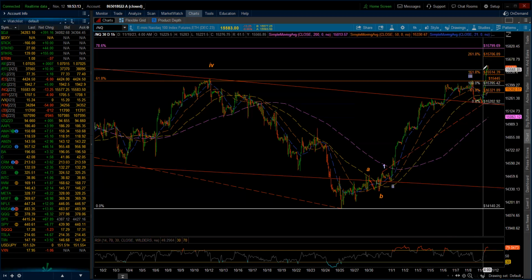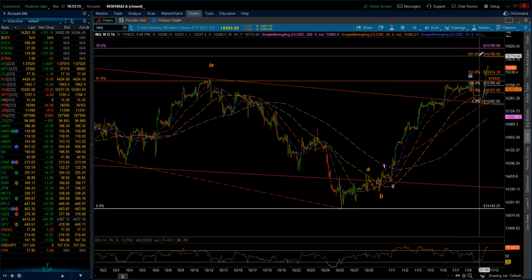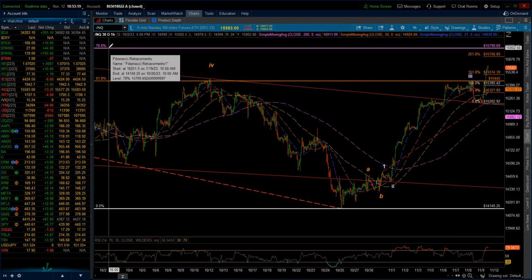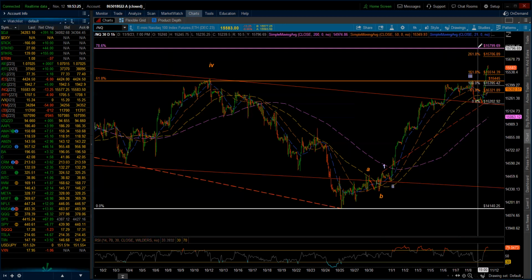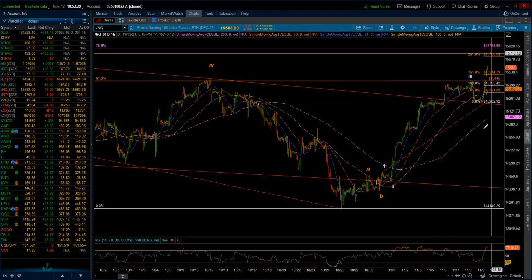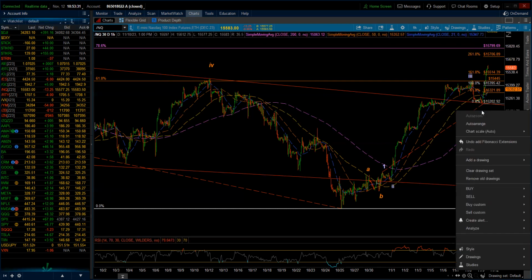So what's up next? 2.618, 15,706. And then we have 78.6 over here for the entire wave 2. And that's at 15,800. So we still have upside potential. It's just how is it going to be counted?